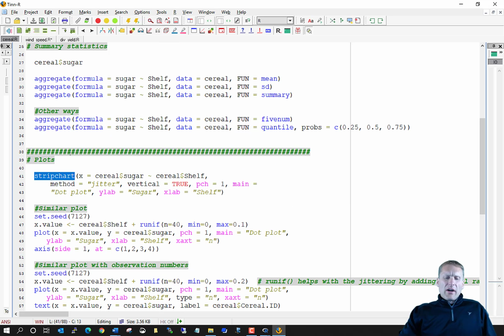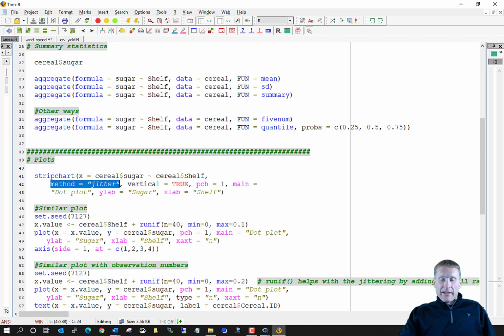Well, the actual function itself is called strip chart. And the syntax is, you have an X argument, and that's where you put in information on what you're plotting. So we're plotting the sugar values within cereal, and we're plotting them by shelf.